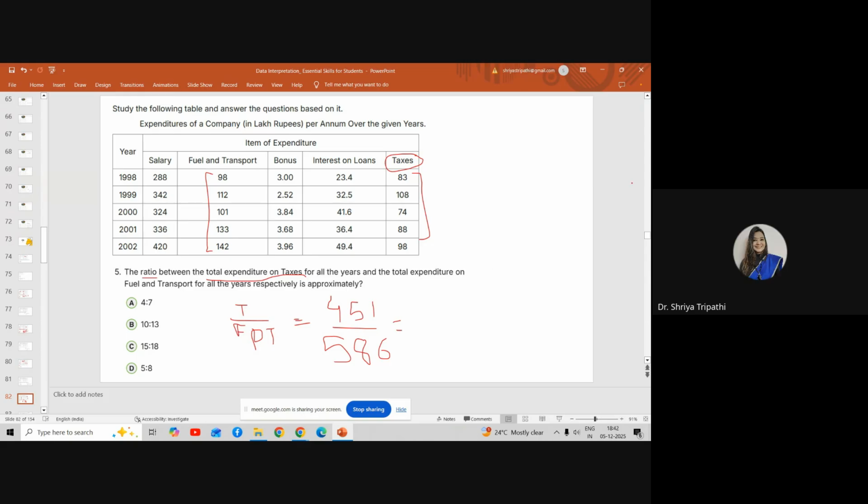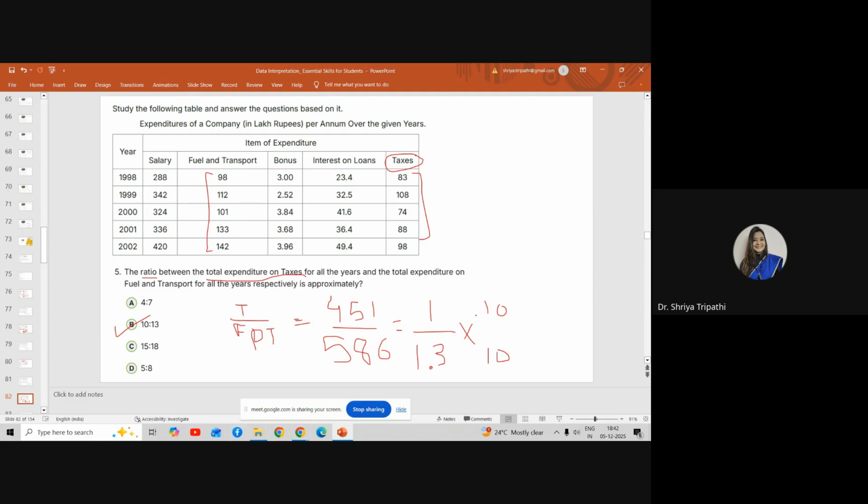So here it will be 1 by 1.3. See, now here, even if we calculate this, if we multiply both of them by 10 each, the answer we are getting is 10 is to 13.